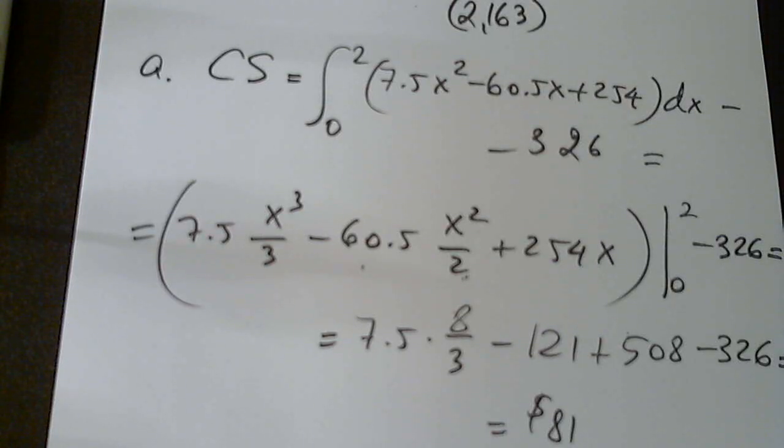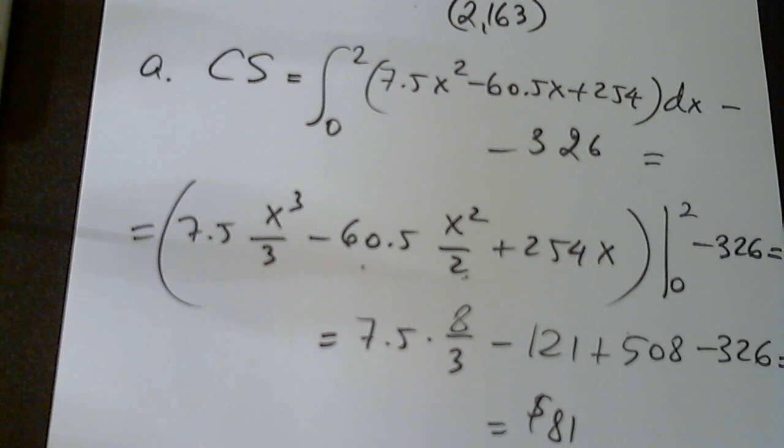That's number 9, and the integral from 0 to 2, dx and then minus 326, and the function was 7.5x squared minus 60.5x plus 254. When I hit enter, if I don't get 81, I have to go back to the drawing board.